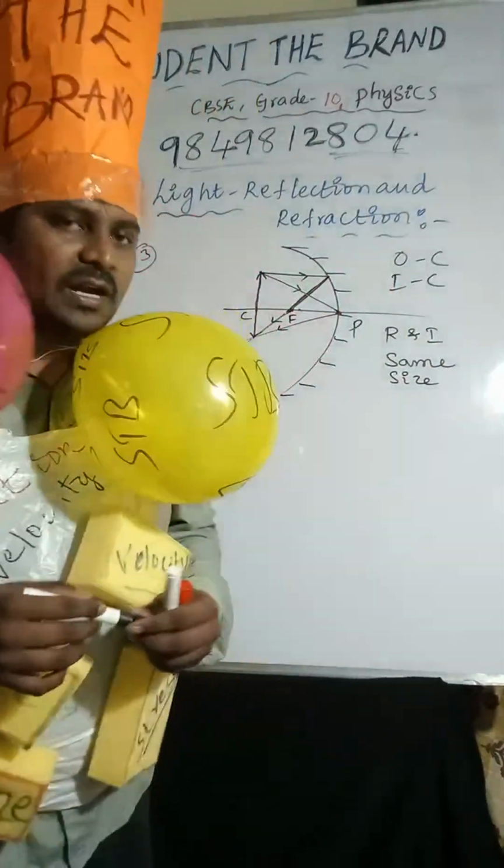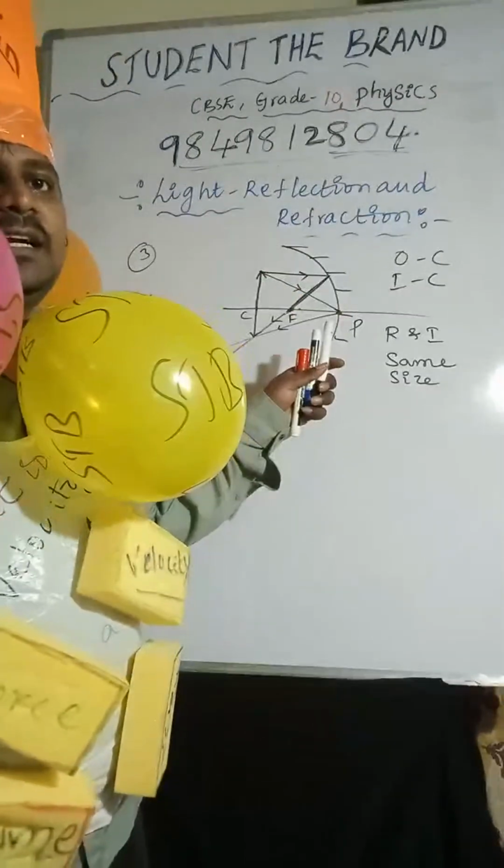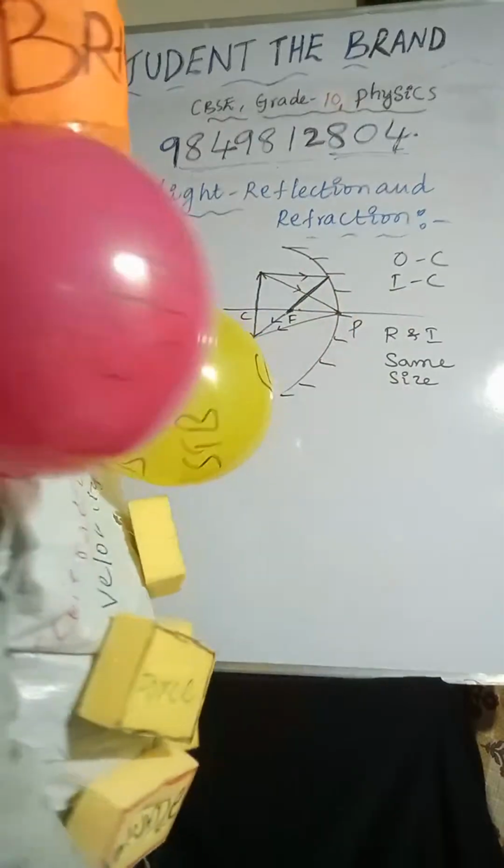So here you can observe object is placed at center of curvature. Image also will form at center of curvature. Nature of the image is real and inverted and same size.